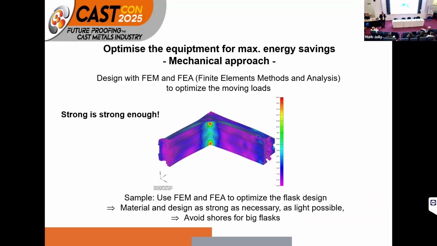When you compare a molding line made in the 90s, it was paid by the weight, so we put factor 2, no problem, the customer will pay that. Today is the opposite. We are asked to minimize the energy consumption of the line, and this can only be done when you make a line as strong as necessary, but also as light as possible.